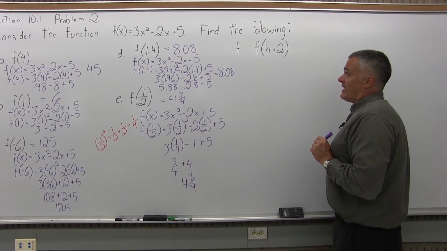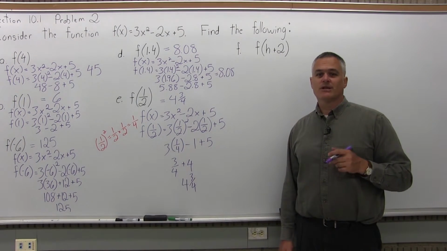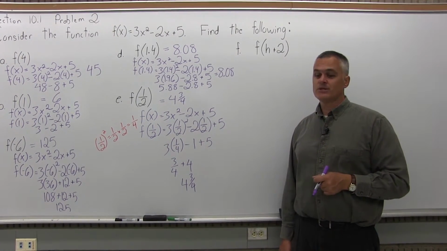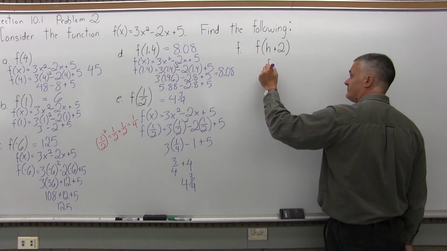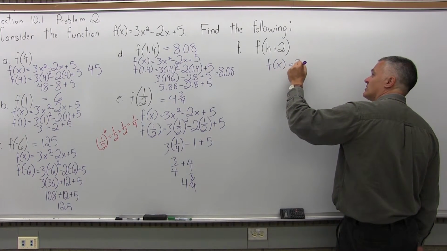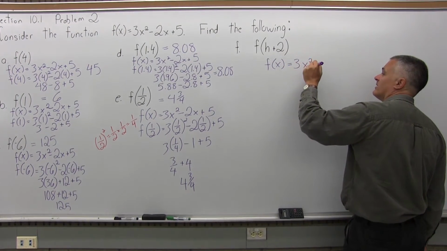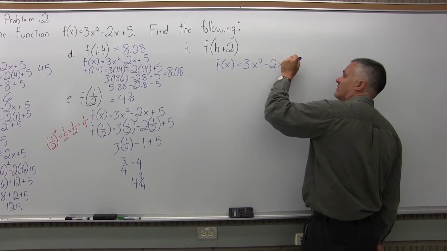Now, part F. F of h plus 2. So we're using a different variable as an input, which again seems weird, but follow the same process. So the given function in this problem is f of x equals 3x squared minus 2x plus 5.